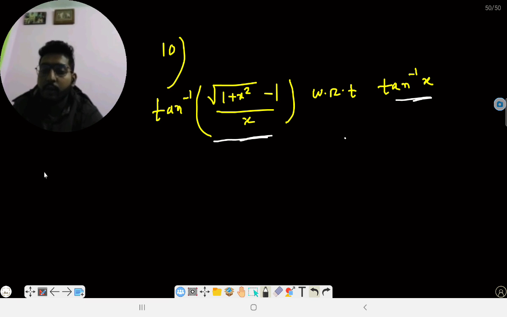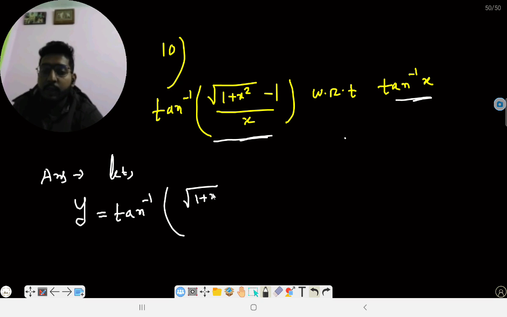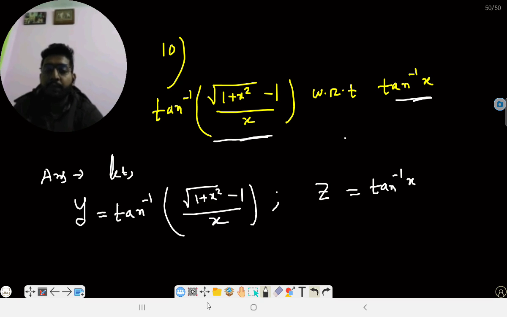First we let the functions as y and z. I am letting y equals tan inverse of root over 1 plus x square minus 1 by x, and z equals tan inverse of x. Now we have to find dy/dx and dz/dx. Look here properly.